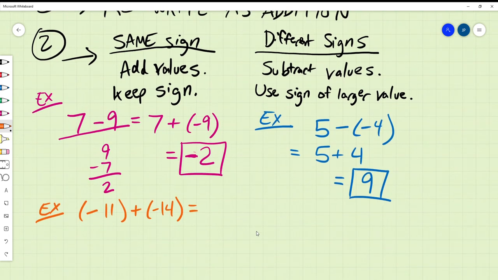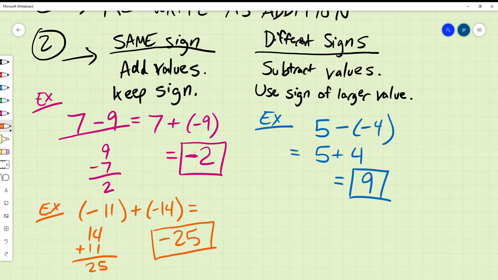We've got this plus that, and they're both negative, so they both have the same sign. We're going to add their values up, and we're going to keep that sign. So this is really the same thing as asking, what's 14 plus 11? We're adding the values: 4 plus 1 is 5, 1 plus 1 is 2. And then keep the same sign that we had before. So negative 25. And that's it.